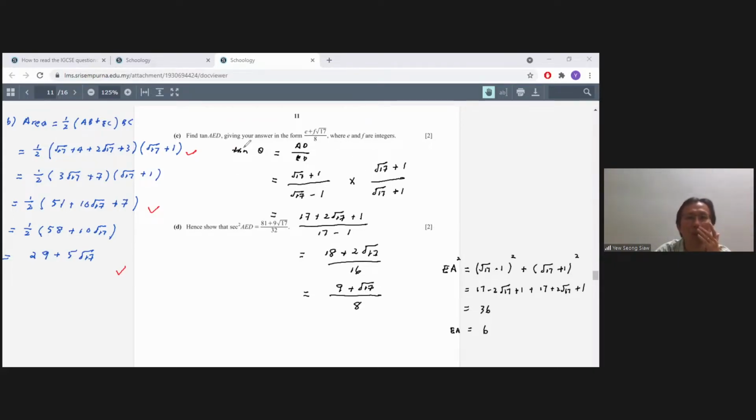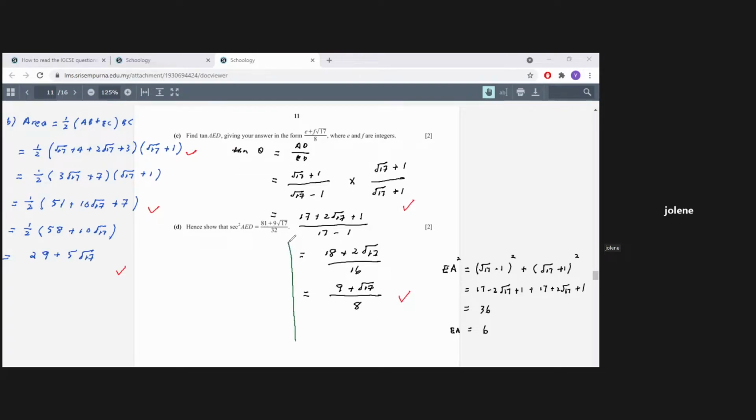You need to find the answer in this form. So you show 9. Last, hence, show that secant square equals to this.